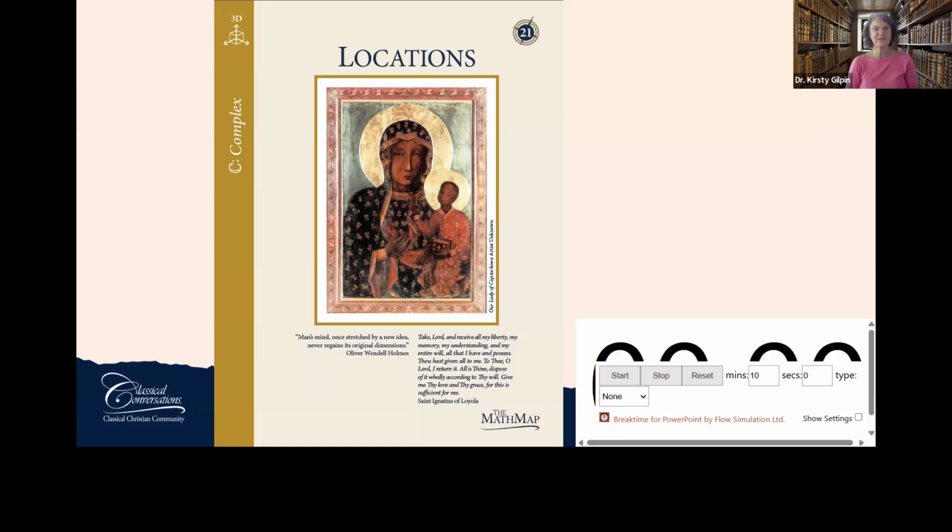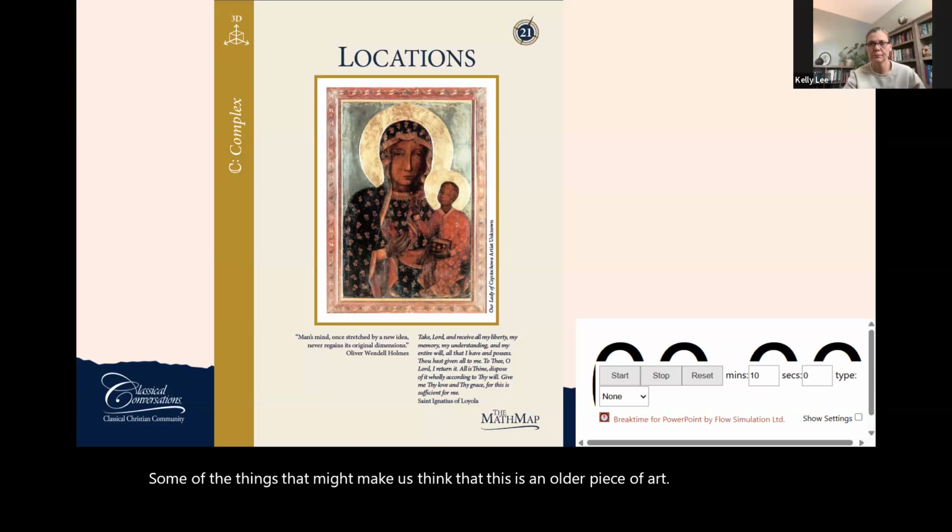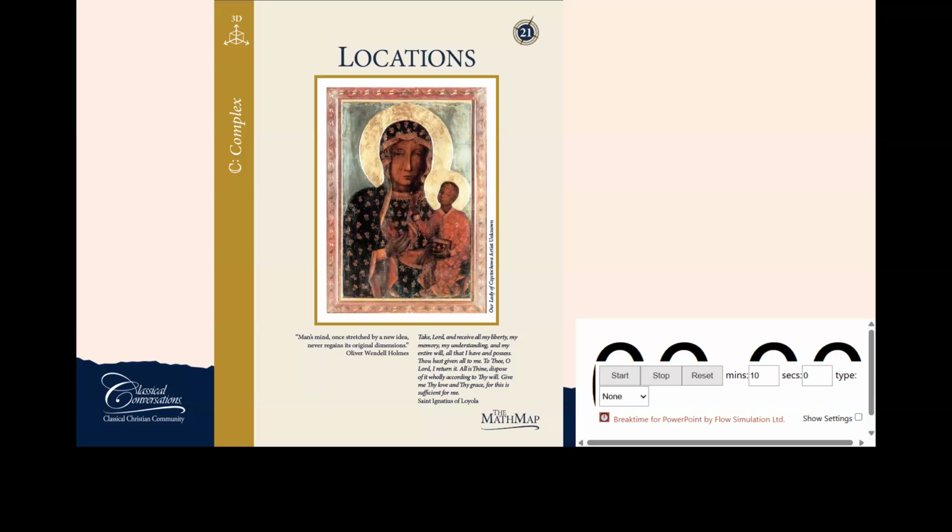What are some of the things that might make us think that this is an older piece of art? I think the coloring. It seems old because of the colors. That's what my group said.